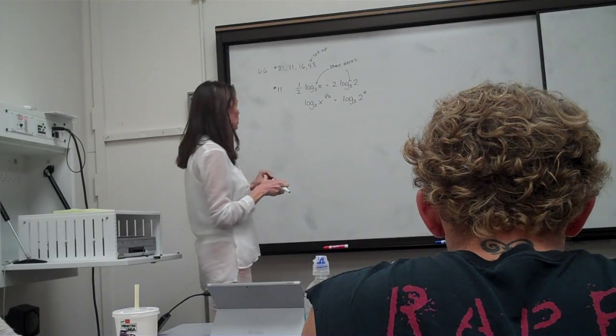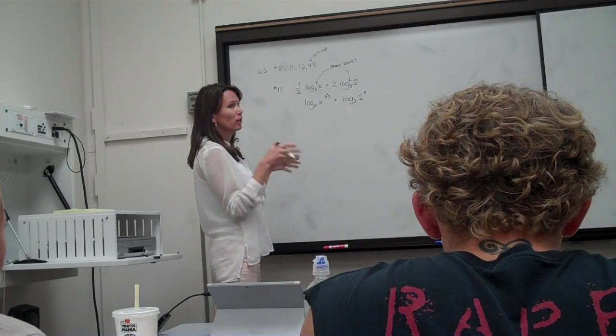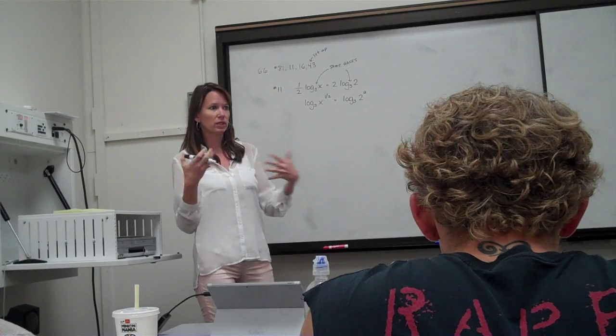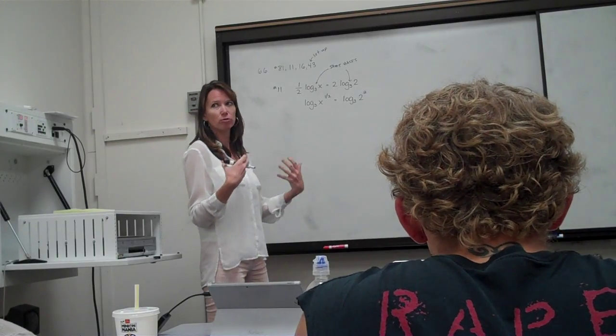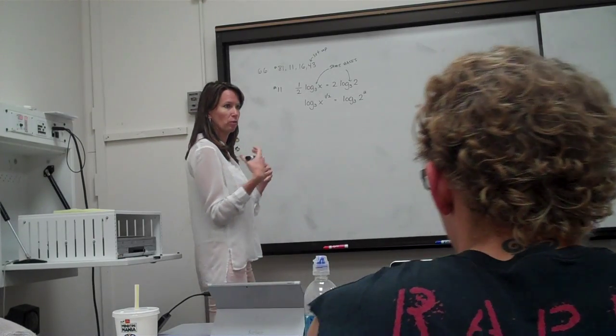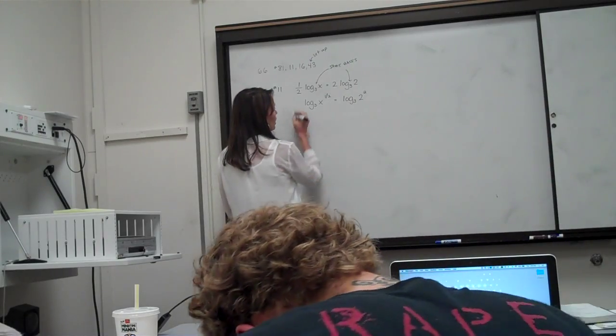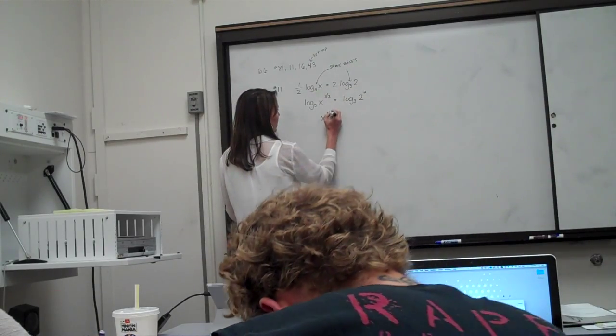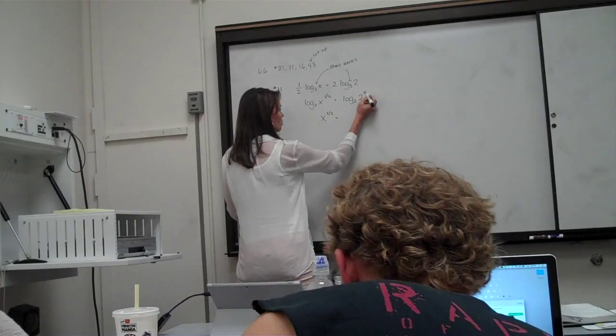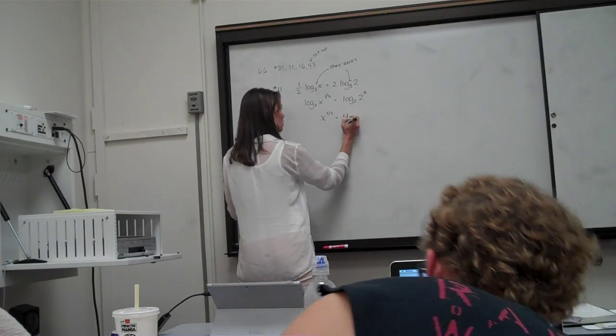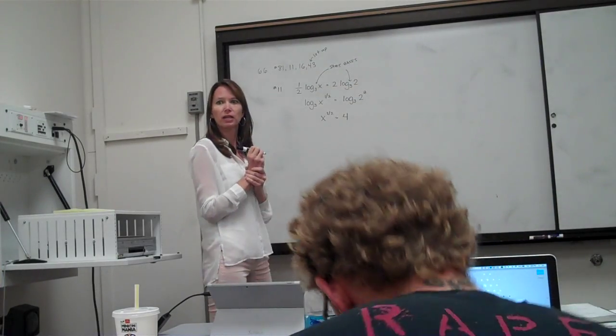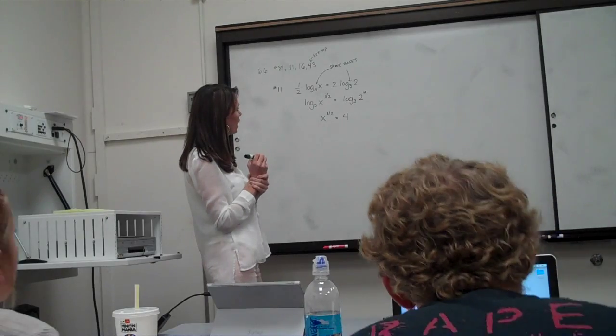Now that I have a log with the same bases on both sides, those can drop out with our one-to-one rule. Then I just have x to the 1/2 equals 2 squared, which is 4. How do I solve for x?